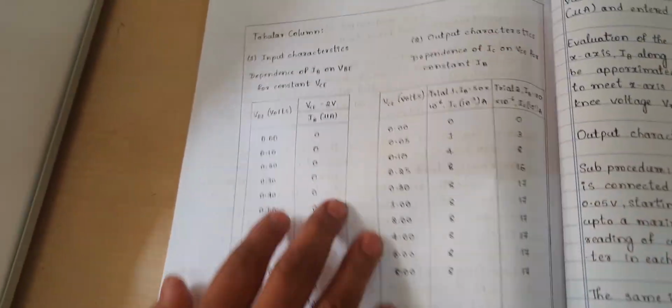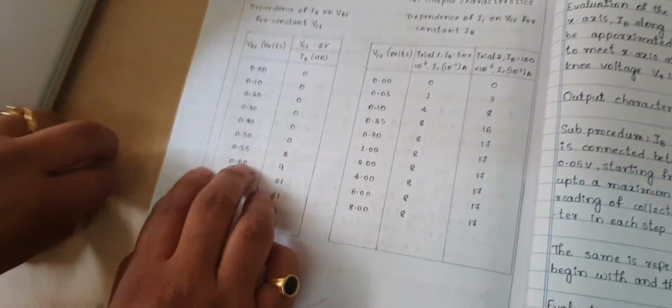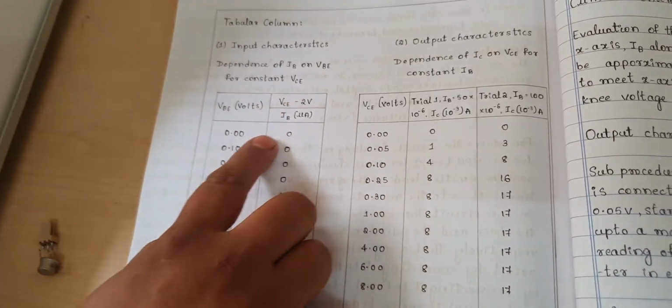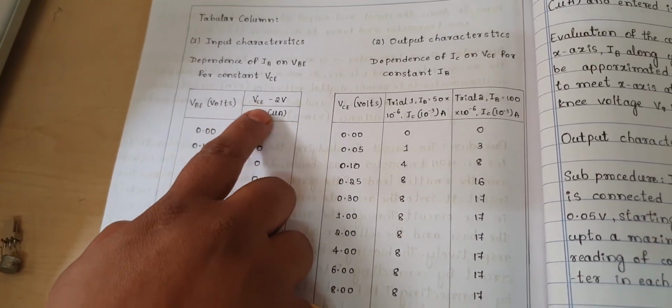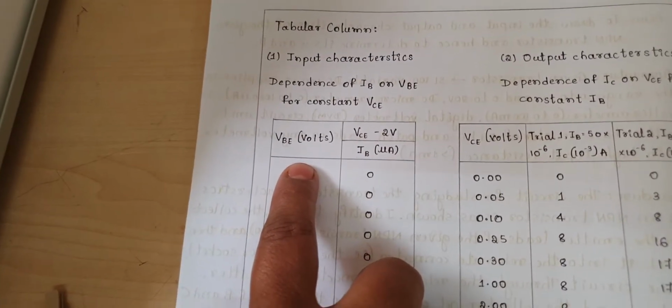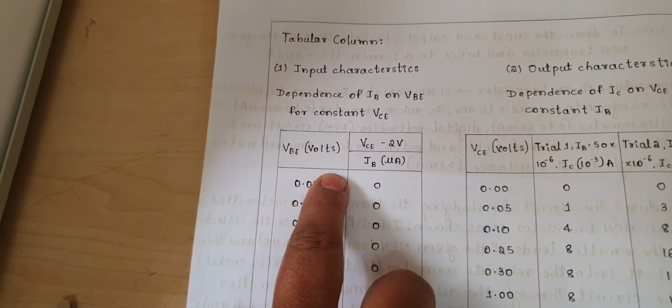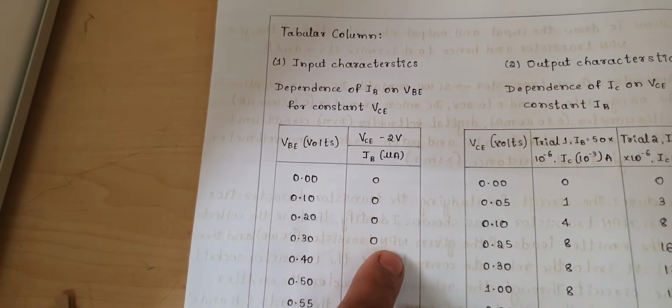So first we are going to see the tabular column. For input characteristics, the VCE voltage should be kept constant, and then we are going to vary the VBE, that is the base emitter voltage, and note down the corresponding change in the base current.